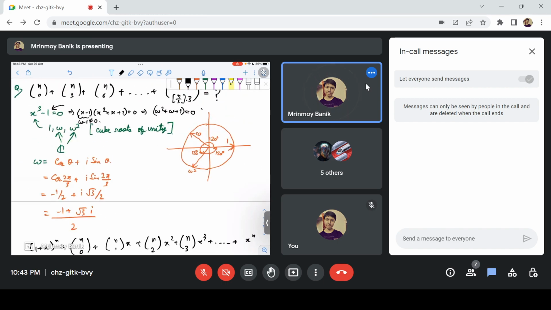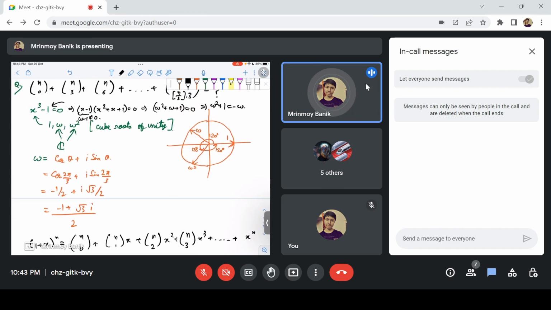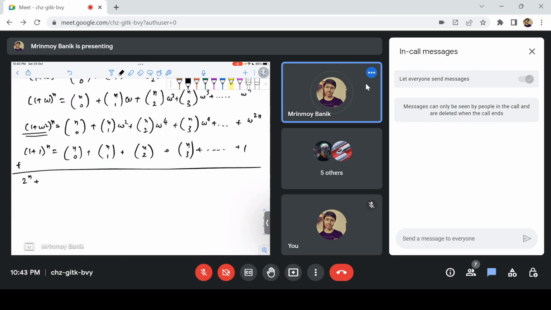From that, omega squared plus 1 is minus omega. So (1 plus omega squared) can be substituted as minus omega, so it's minus omega power n. And similarly, the other thing is minus omega squared power n, or omega power 2n.